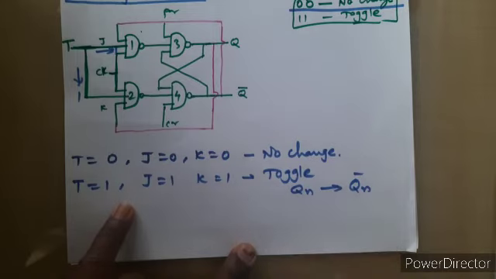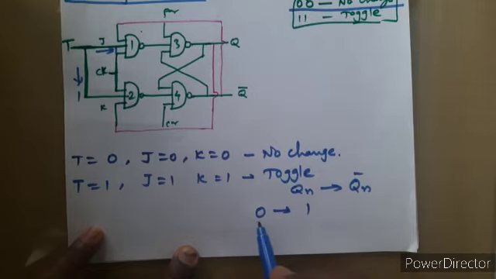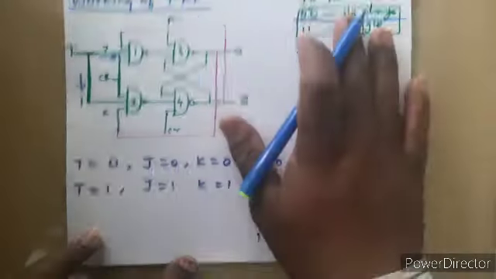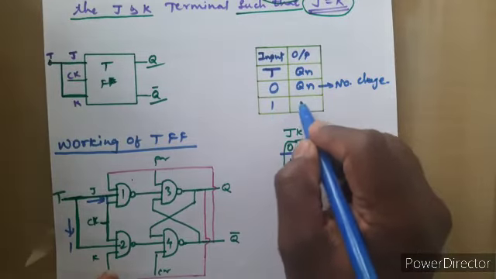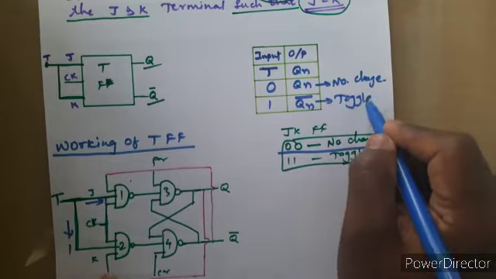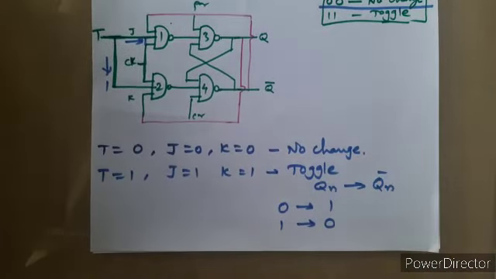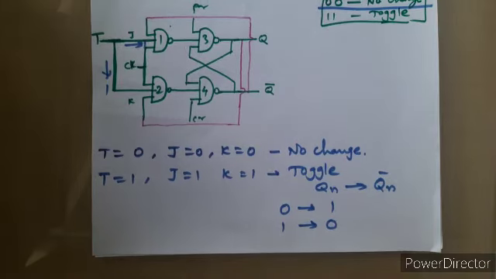Taking an example, if the previous state was 0, now the output becomes 1. If the previous state was 1, now the output becomes 0. So if I provide 1, I get Qn bar, which means it toggles. This is how the T flip-flop works.